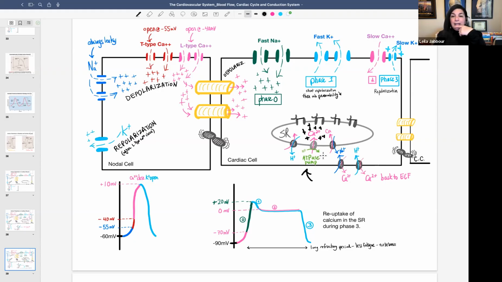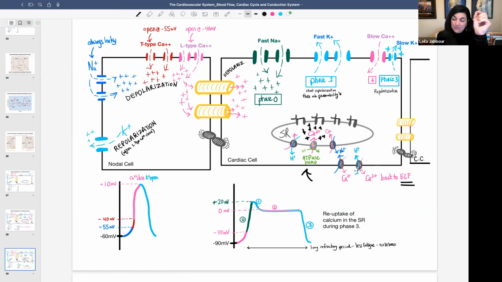The calcium also gets back in using a secondary active transport, using the gradient of hydrogen ions or the gradient of sodium ions. So those gradients are basically providing the energy for the calcium to be shoved into the SR. And also another way of getting rid of calcium is sending it out into the extracellular fluid.